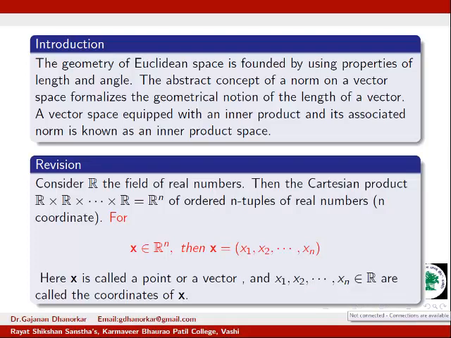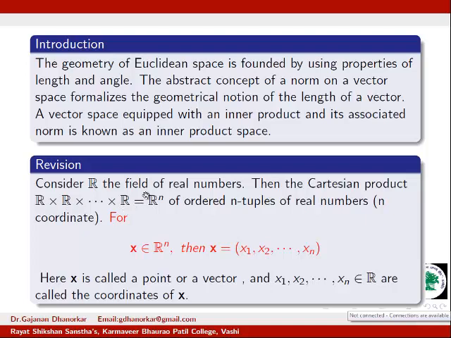First of all, I will recall R as the field of real numbers, which we use when we use a vector space, with R as real valued. Then we define the Cartesian product R^n as R cross R, n times.